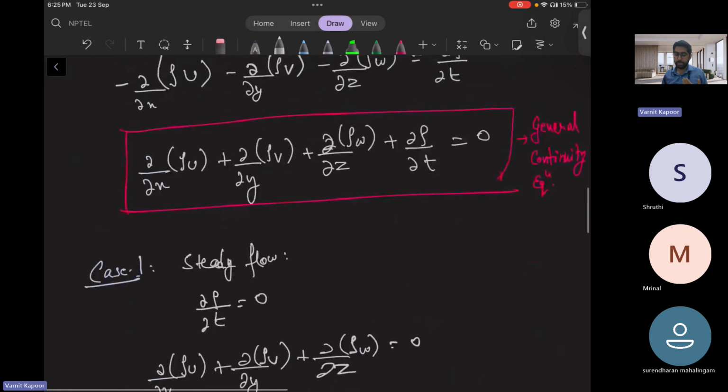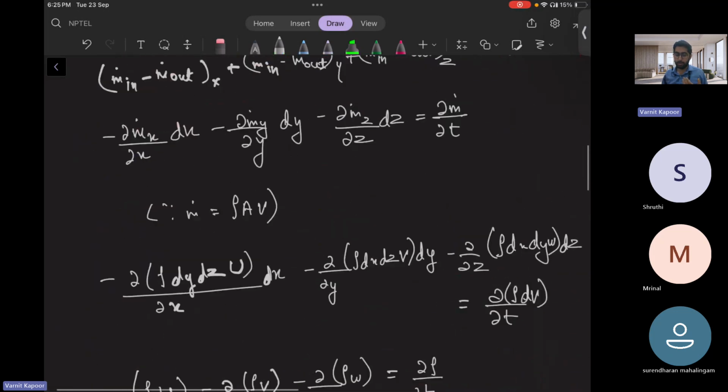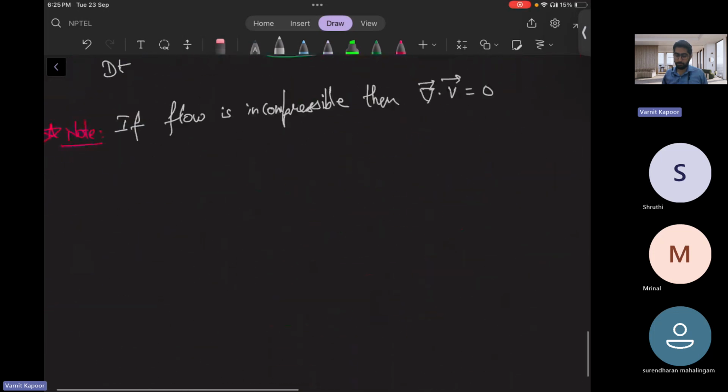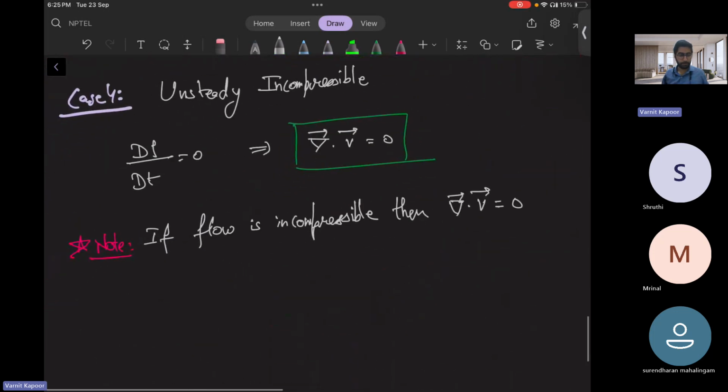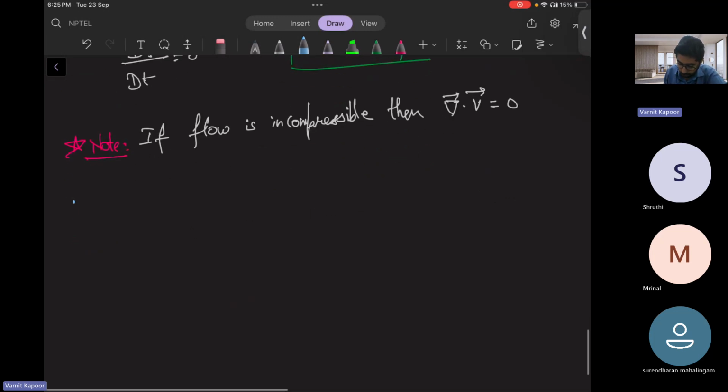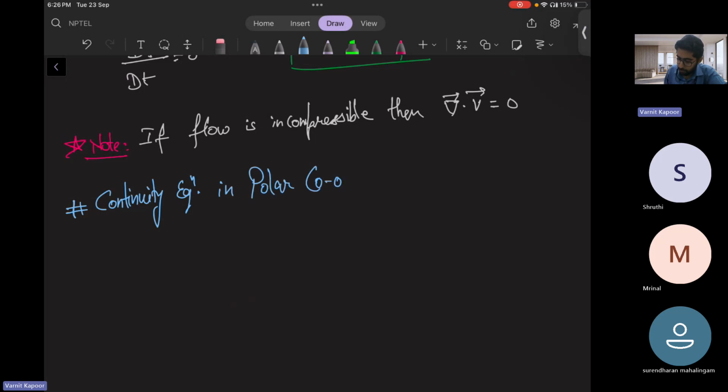Now we will derive the continuity equation in polar coordinates, that is in terms of r, theta, and z.